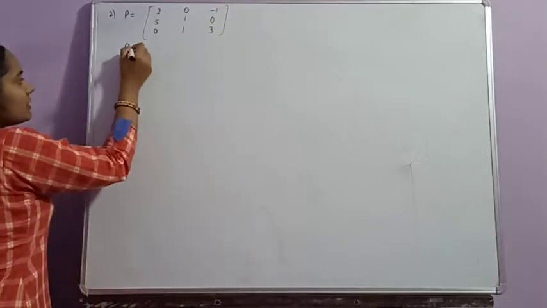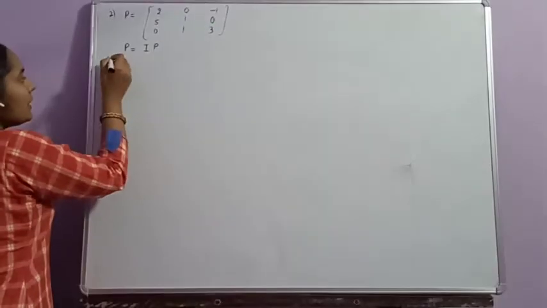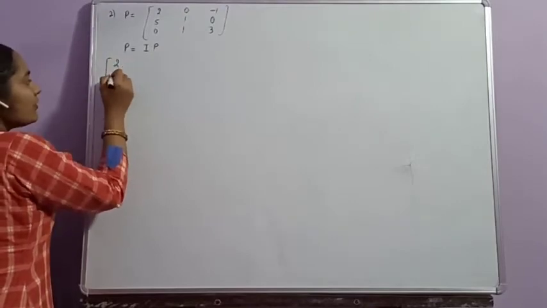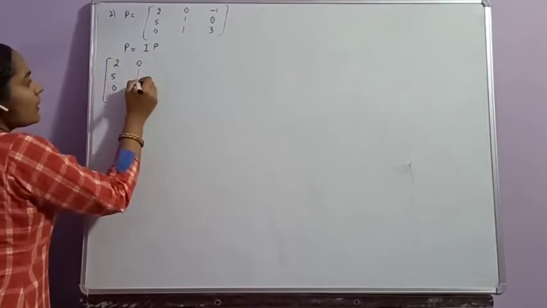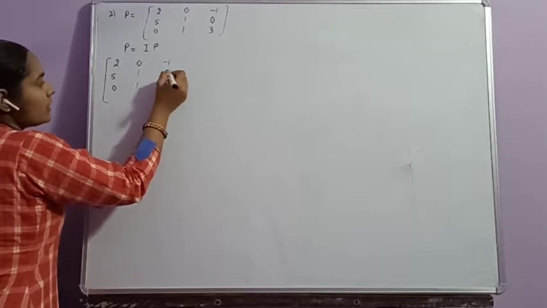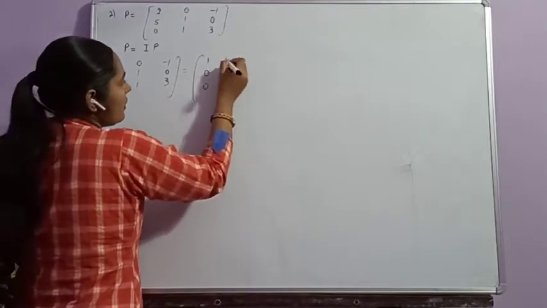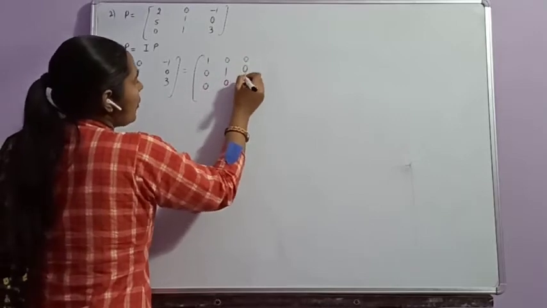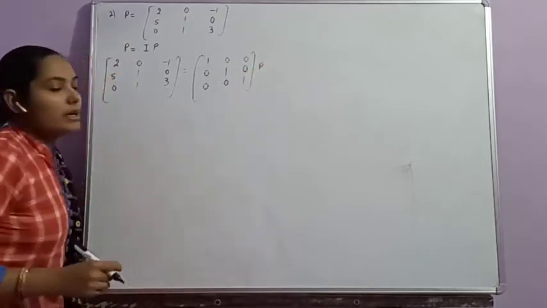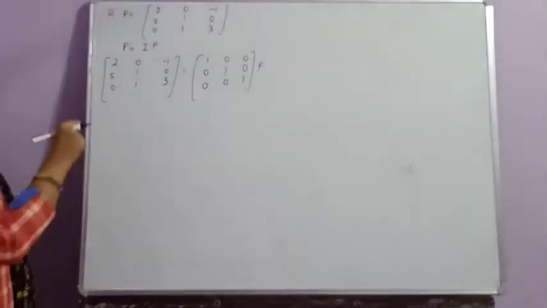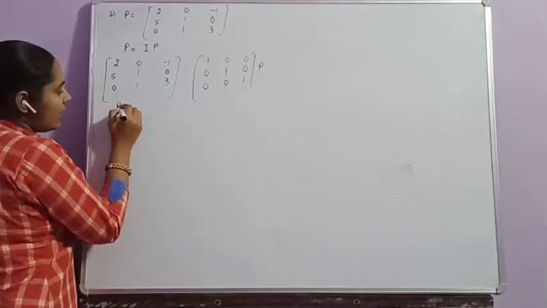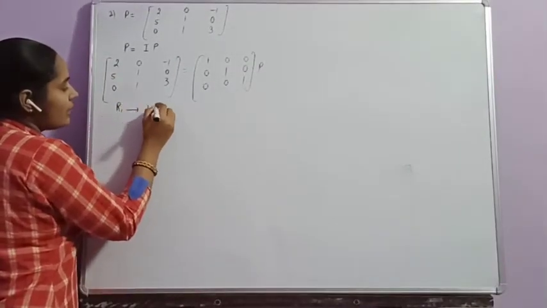Now we compare it with P is equal to I into P, that is [2 5 0; 0 1 1; -1 0 3]. On the right hand side the identity matrix is [1 0 0; 0 1 0; 0 0 1] into P. Clear? Firstly we have to form 1 here, so R1 becomes half of R1.